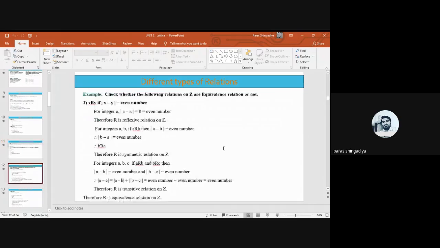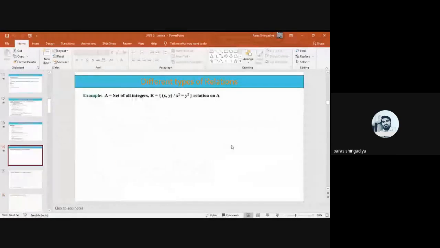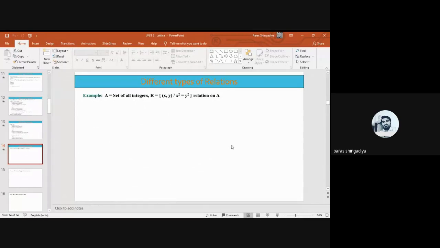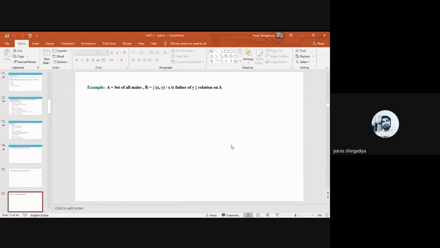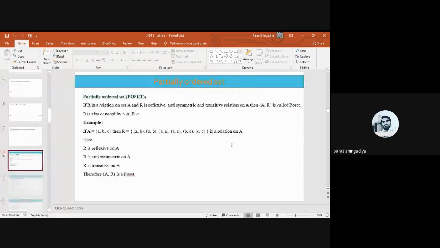Based on this theory, we solved some examples related to this concept, how we can check whether the given relation is equivalence or not. Example 1, 2, and then a few more examples, third, fourth, in the last lab.